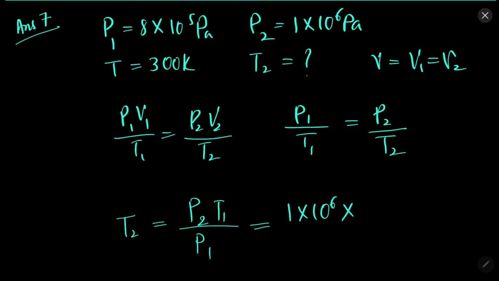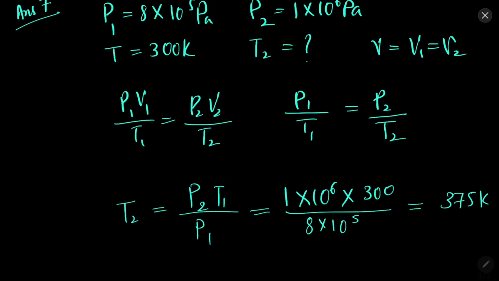So T2 equals 1 into 10 to the power 6 into T1 which is 300, over P1 which is 8 into 10 to the power 5. It will give us 375 Kelvin. So T2 will be 375 Kelvin.